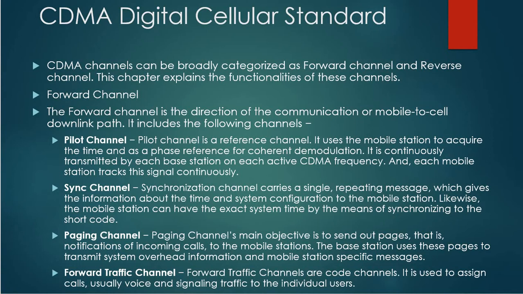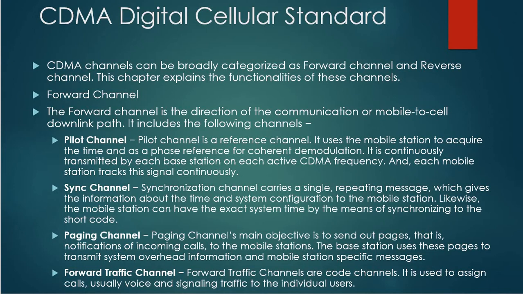What are the forward channels? Forward channels is the direction of communication from the cell to the mobile phone, the downlink path. So we have a cell network, a different type of cell network.